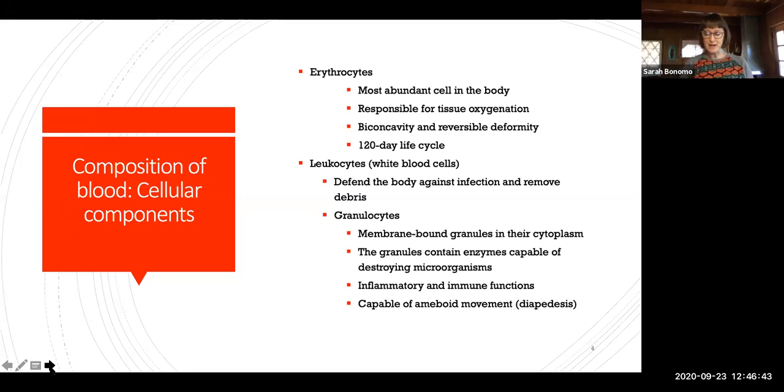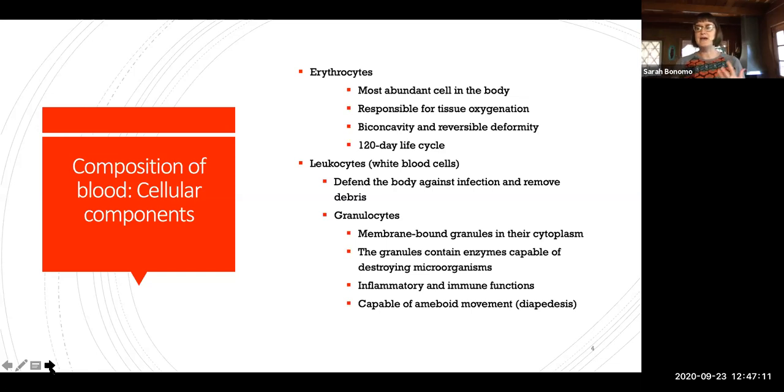And these are made up of two categories, granulocytes and agranulocytes. Right now we're going to talk about granulocytes. So these are basically membrane bound granules in the cytoplasm. And remember, we're talking about neutrophils, basophils, eosinophils. Those are our primaries that we're going to talk about here.